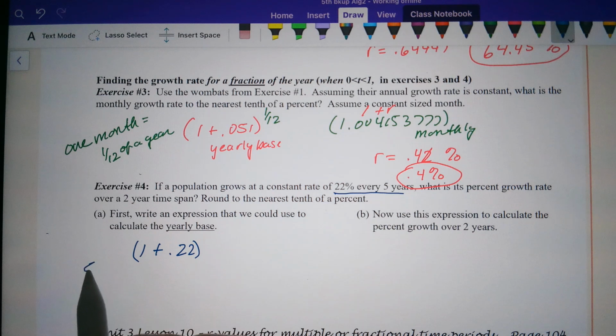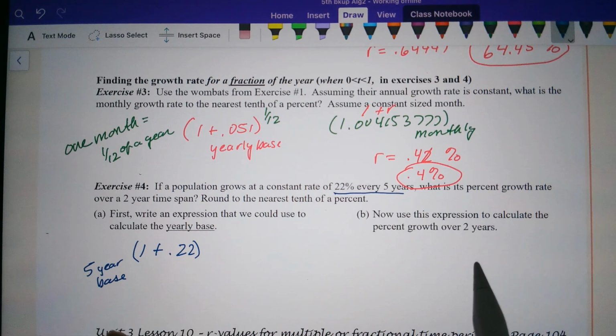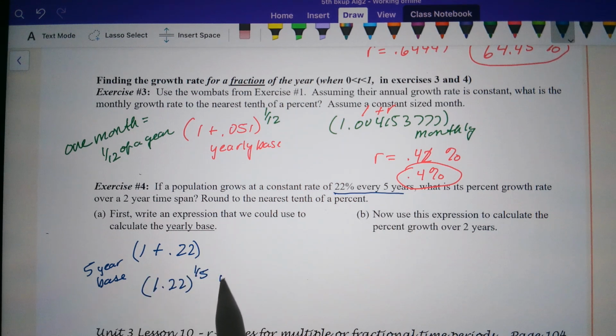This is a 5-year base. What's our yearly base? 1 year is 1/5 of 5 years. So we take our 1.22 and raise it to the 1/5, and this will get us our yearly base.